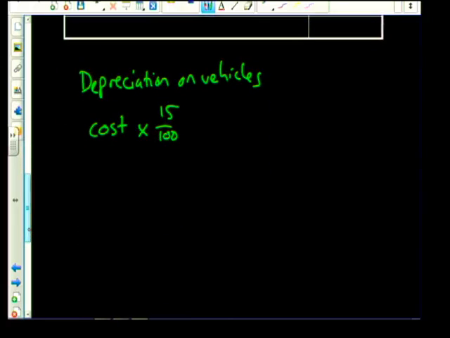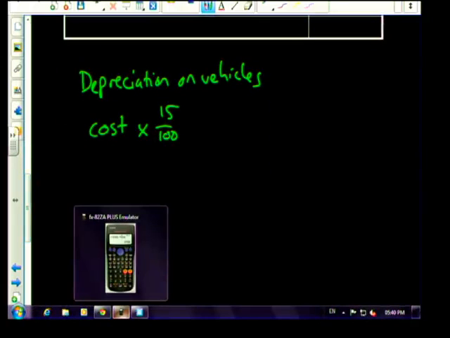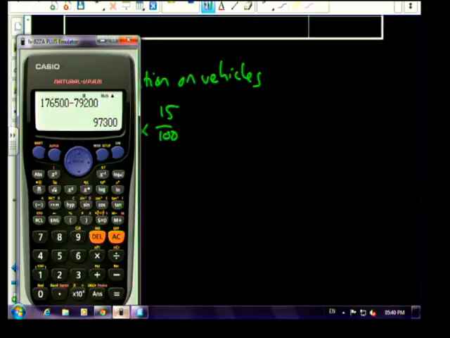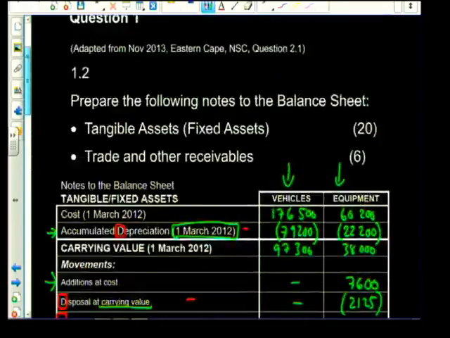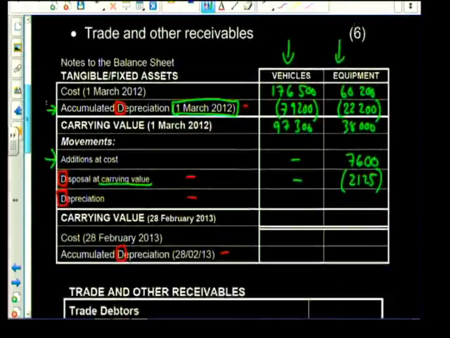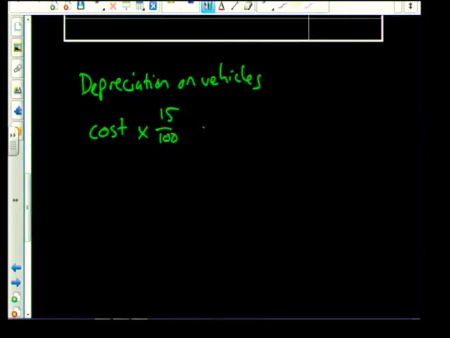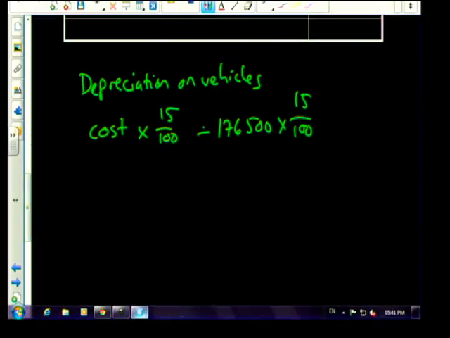And if I punch that into my calculator, I need the cost price of 176,500 times by 15%.